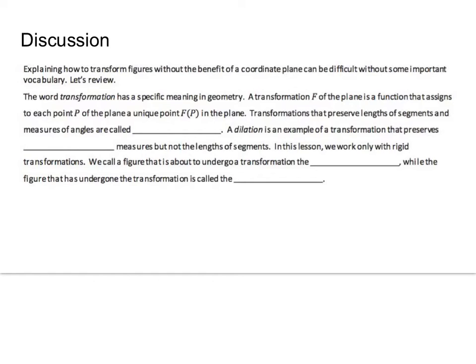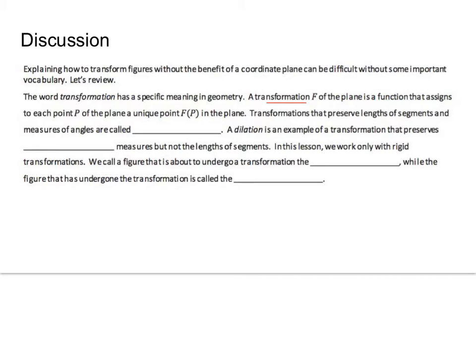The word transformation has a specific meaning in geometry. A transformation, f, of the plane is a function that assigns to each point P of the plane a unique point, f of P in the plane.